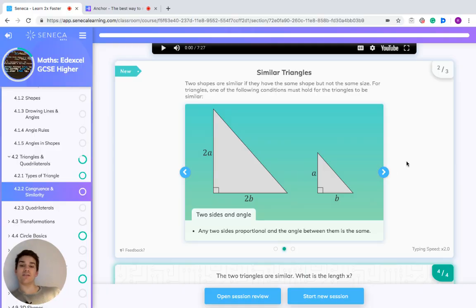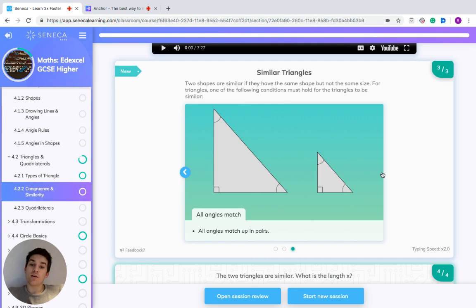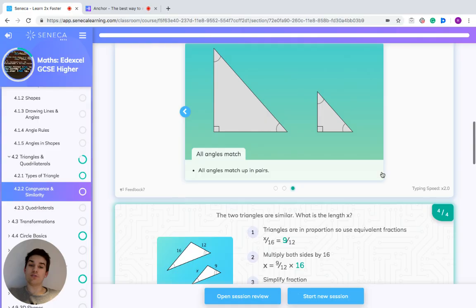Another way is if 2 sides are proportional and the angle between them is the same, that will allow you to know that the triangles are similar. Or if all of the angles match up in pairs between the 2 triangles, then you know that those 2 triangles are similar.